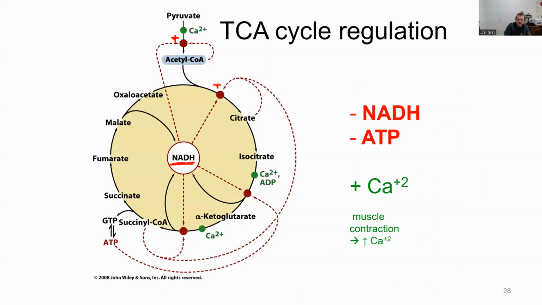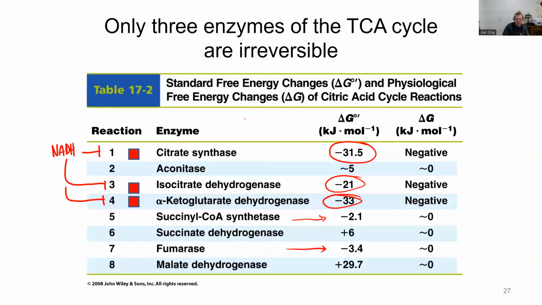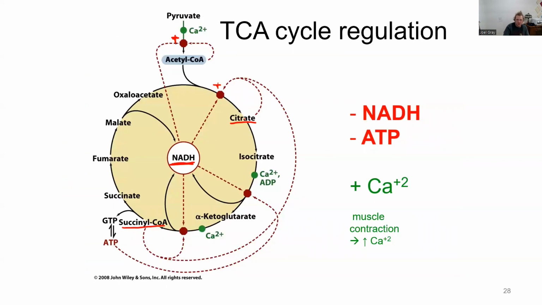In addition to that, we have other molecules that are going to feed into that regulation. For instance, succinyl-CoA and citrate will also inhibit citrate synthase, or CS. So I'm going to go ahead and label this as CS. The citrate synthase is a point of regulation. It's regulated by NADH, citrate, and succinyl-CoA.